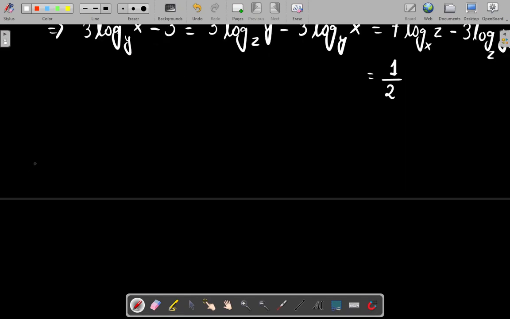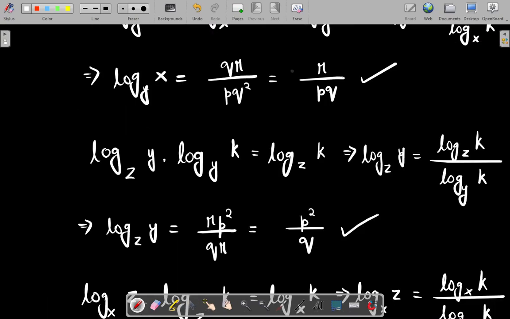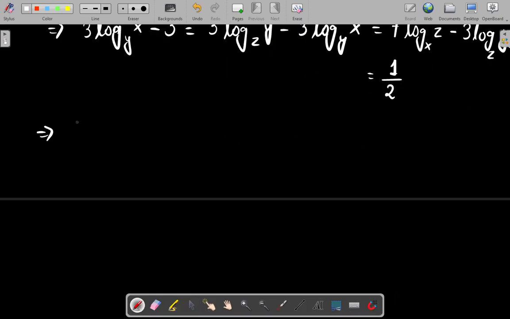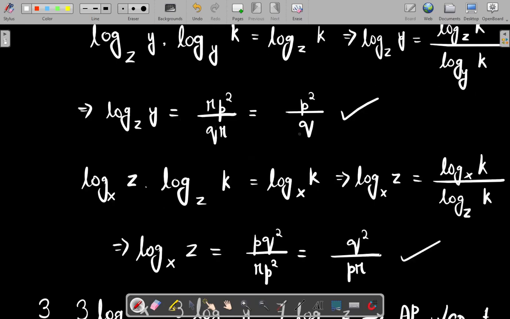Okay, so this log x base y, we can substitute with r upon pq here. So we have 3 times r upon pq, so this will become 3r upon pq minus 3 is equal to log y base z, which is p square upon q, right?